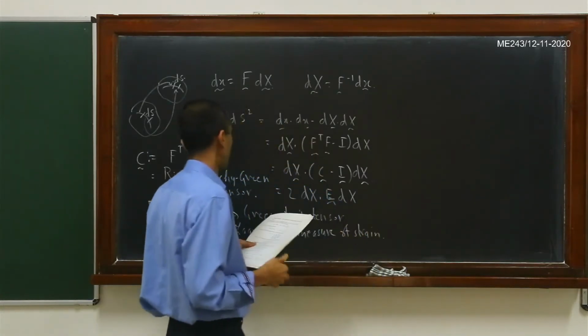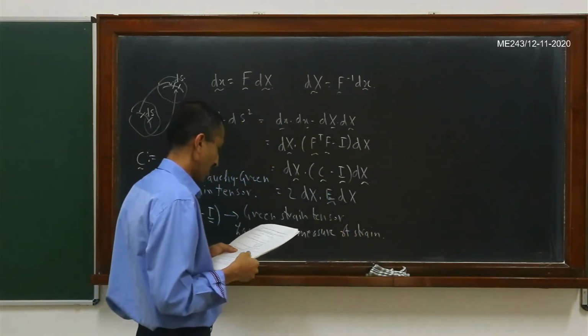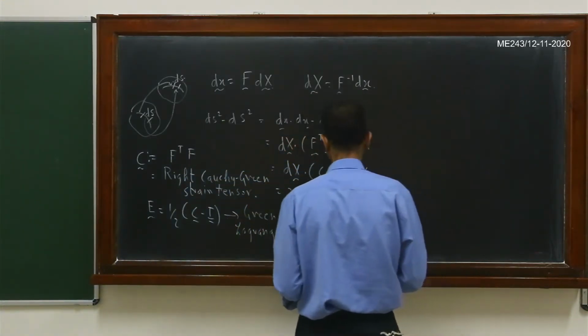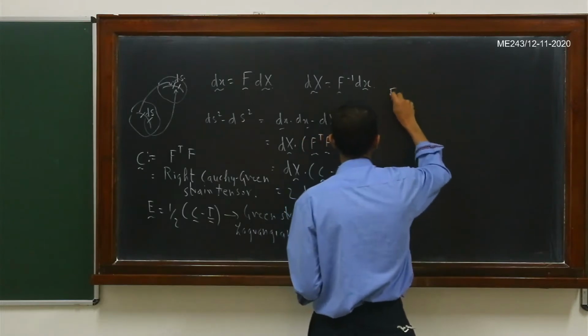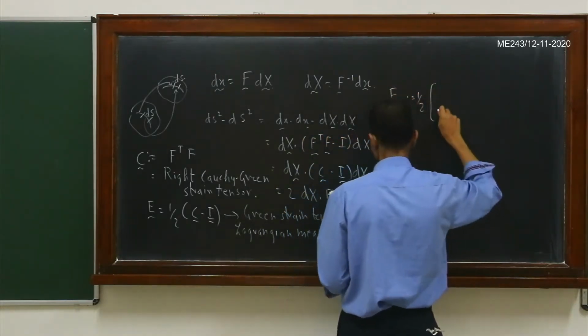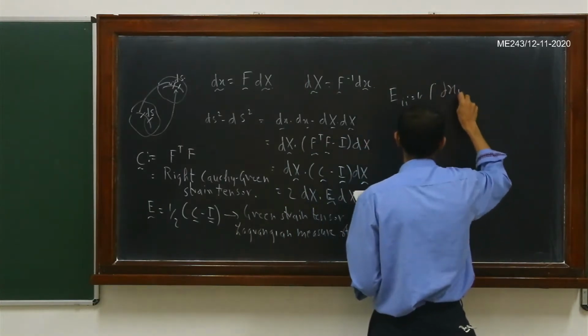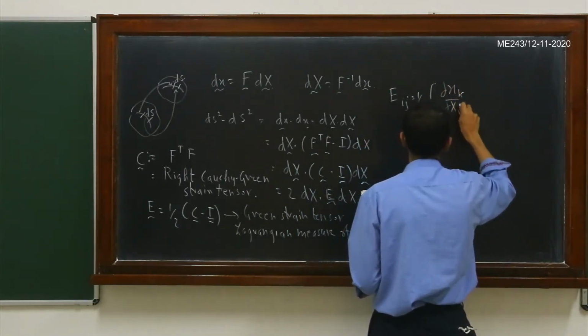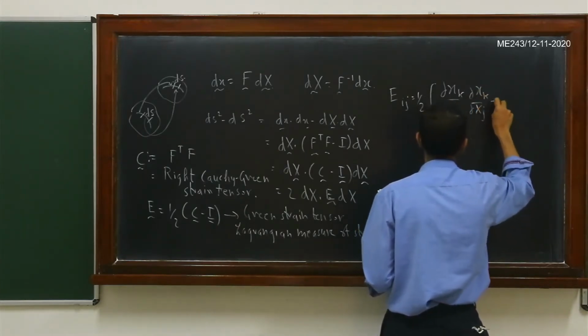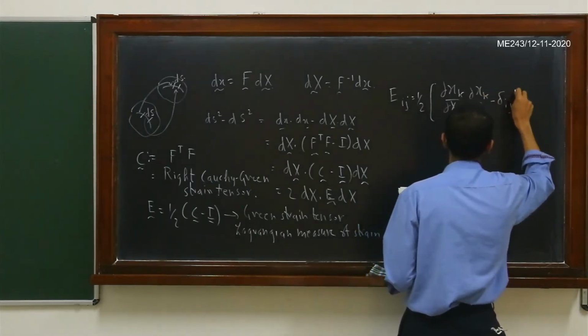In index notation, I can write this as E_ij is equal to half of (del chi_k by del X_i, del chi_k by del X_j minus delta_ij).